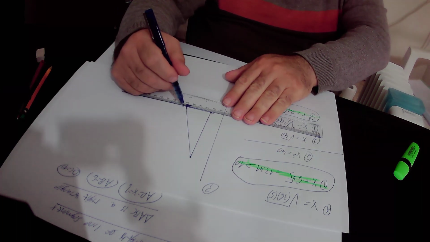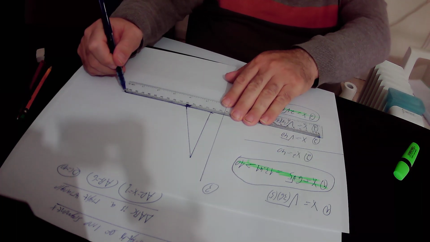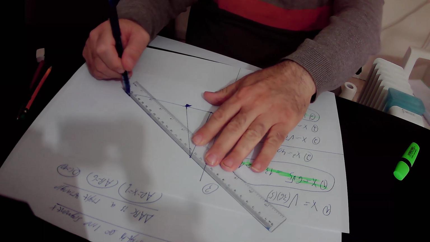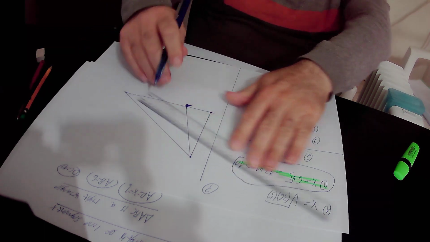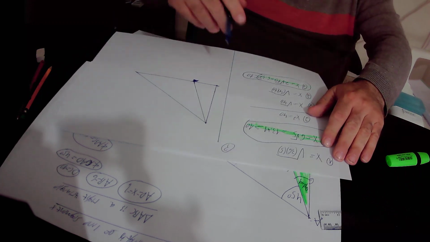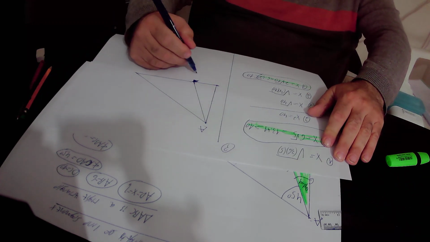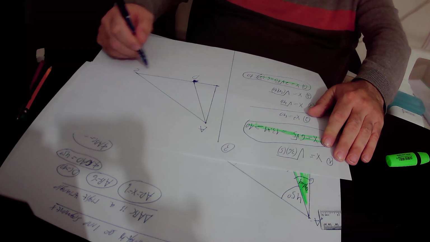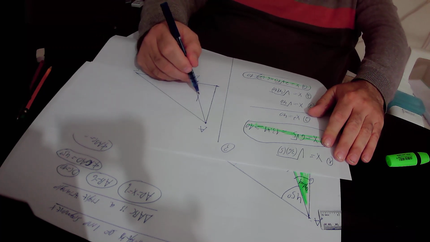Why? Because in triangle ADC, AD is equal to x.